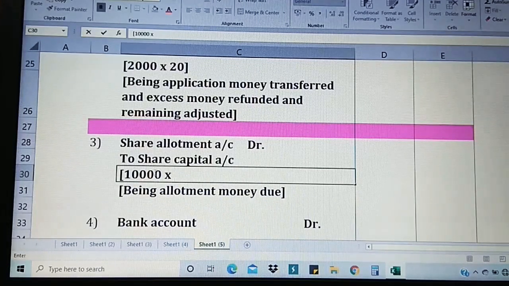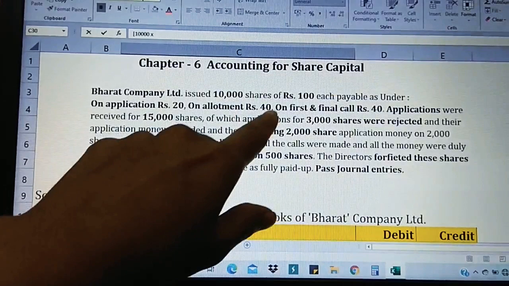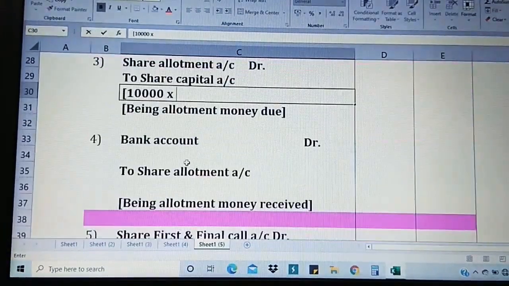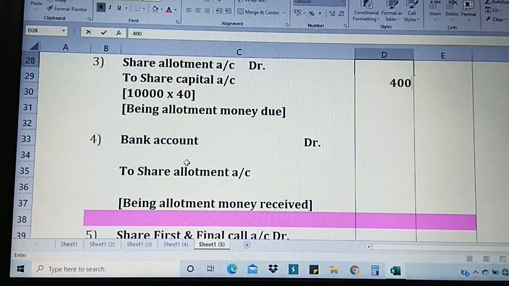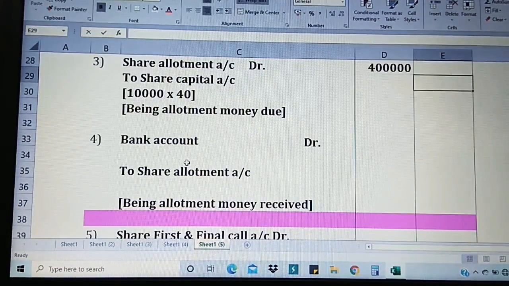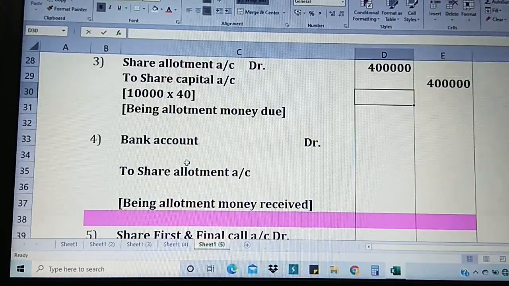That is what has actually been issued. The word issued is what is to be considered for calculation. So 10,000, and what is the rate of allotment? 40. So we take 10,000 into 40. It's going to be 4 lakh. 4 lakh is the due amount, being allotment money due. We have done this.